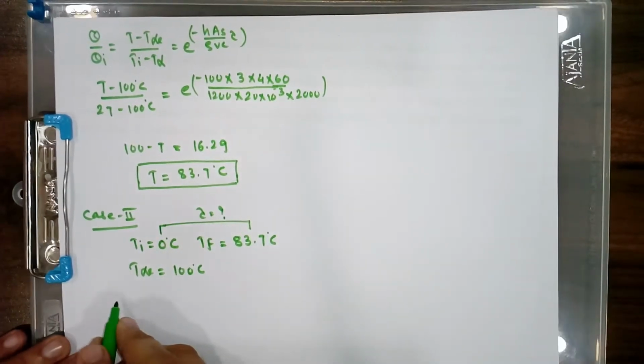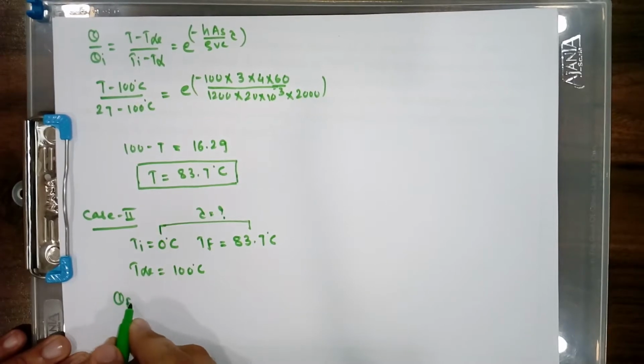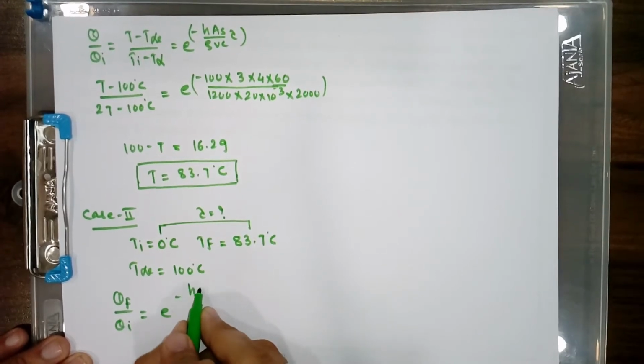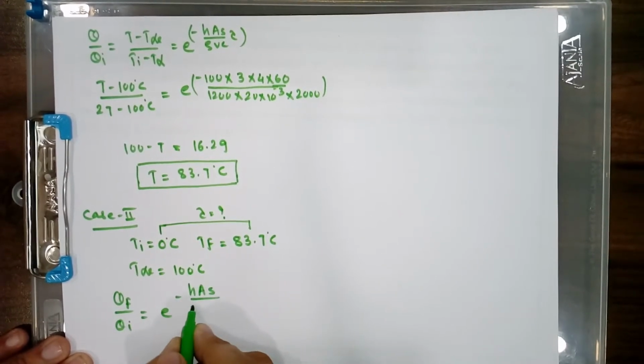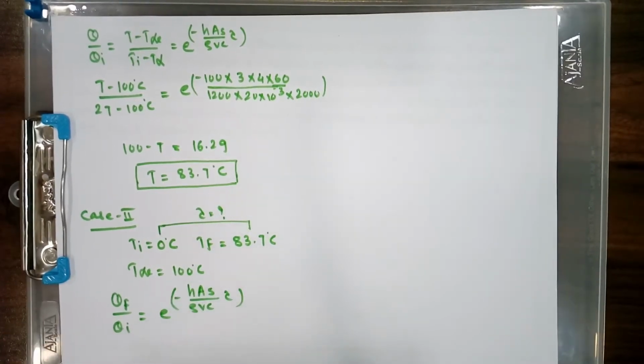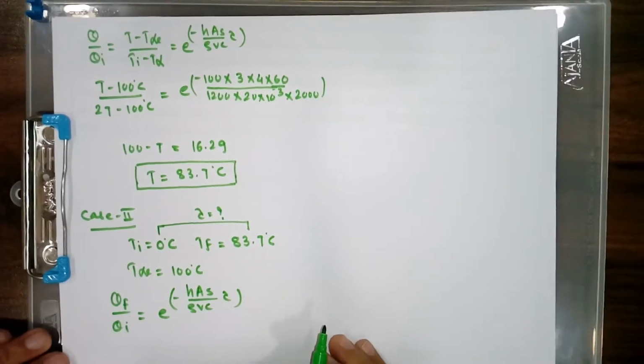So again we apply the formula, that theta final upon theta initial equals exponential minus HAS upon rho Vc into tau. And from this expression we need to calculate tau, that is the time required to reach the temperature of 83.7 from 0 degrees centigrade.